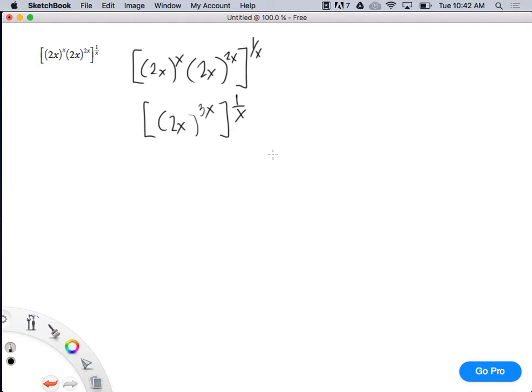Now I can take this exponent raised to an exponent and I multiply them. It becomes 2x to the 3x times 1 over x. What happens with the x's? They cancel. And it just ends up as 2x to the 3rd power. 3x divided by x is just 3. I could have written this a different way, 3x over x.